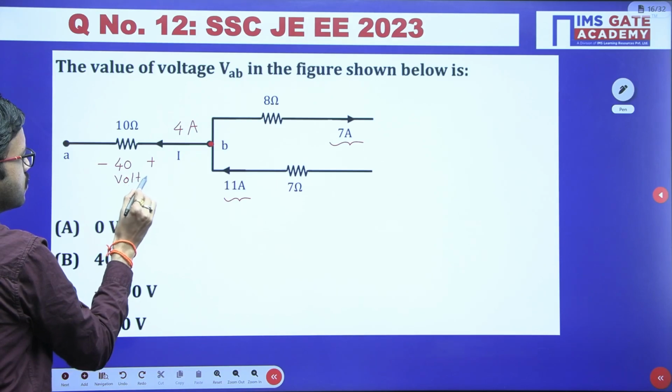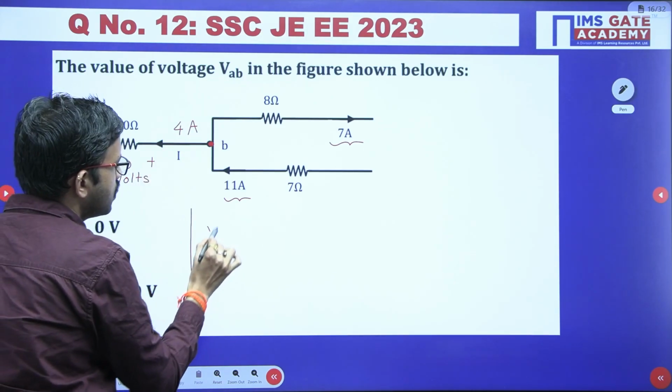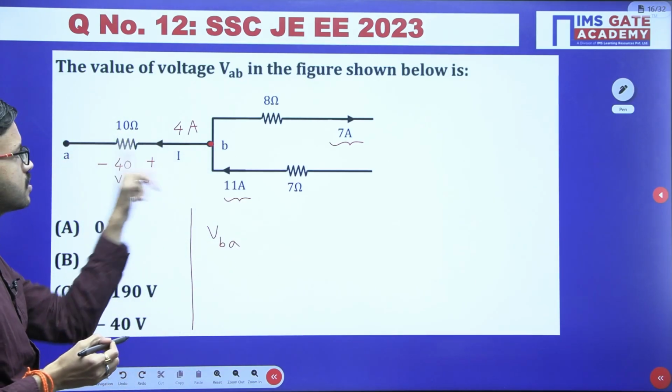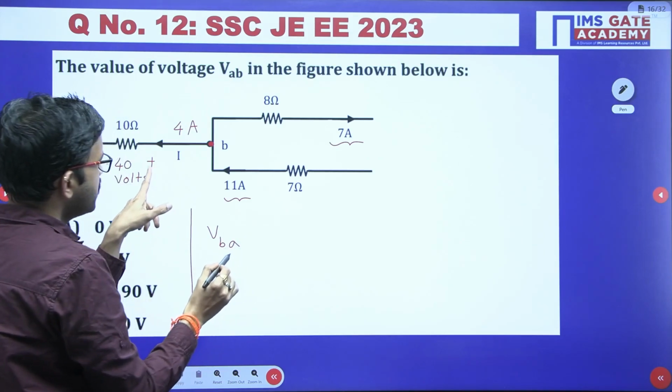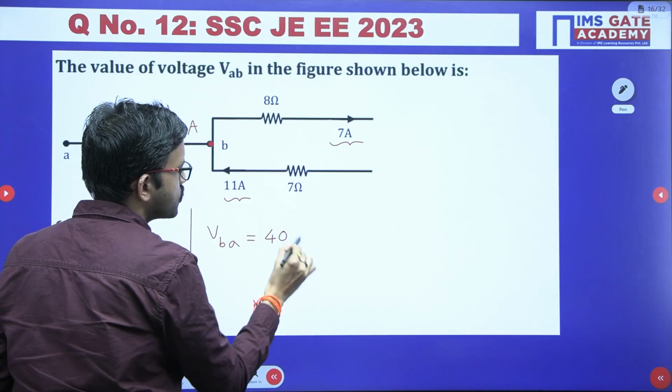So between the nodes B and A, you are having plus sign on the B side and minus sign on the A side. That means it is 40 volts.